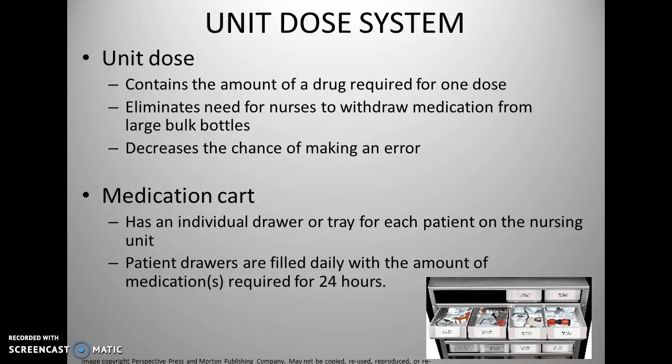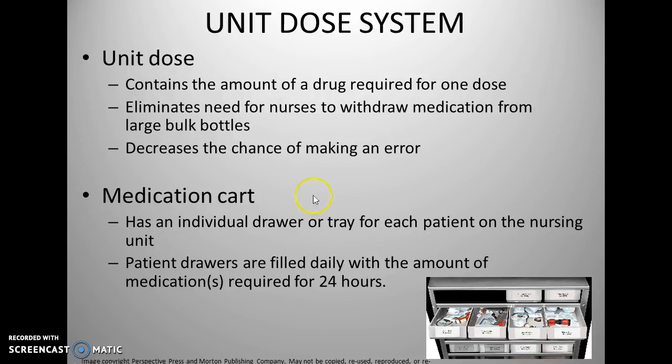It decreases the chance of making an error. That's also very important because the nurse, with a myriad of duties, would otherwise have to dispense a medication, get it into its right dosage, and then utilize it for that particular patient.